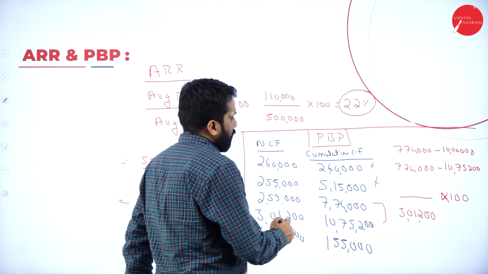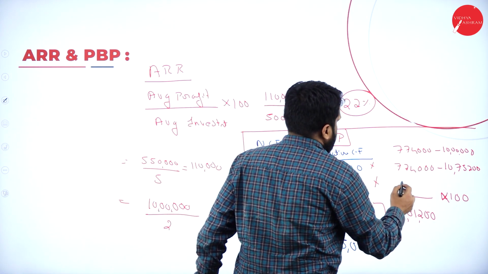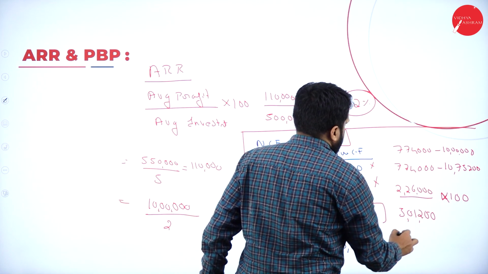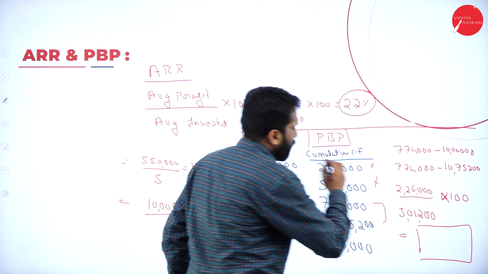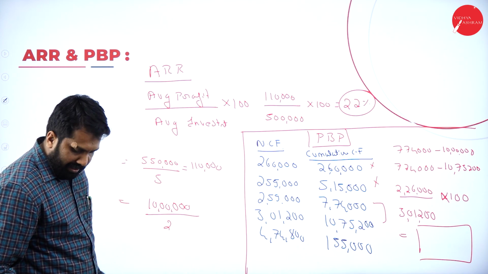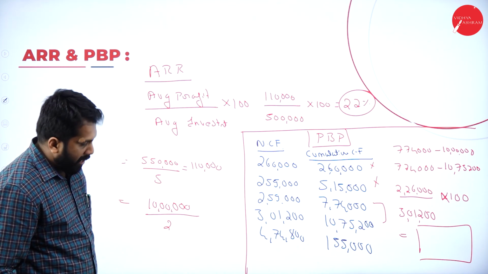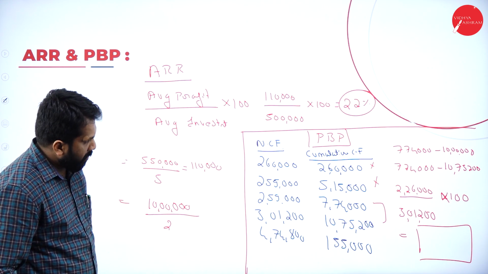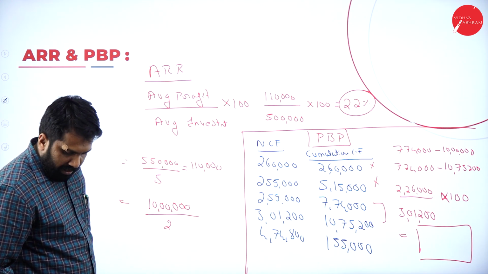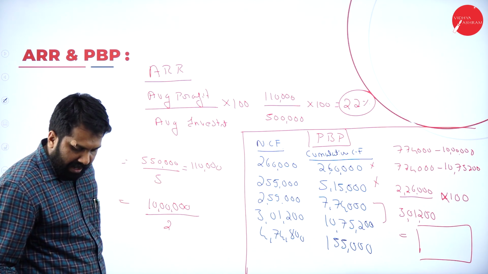And 10 lakh minus 7,74,000 is 2,26,000. If you calculate, 2,26,000 into 100 divided by 3,01,200, I got around 75%.